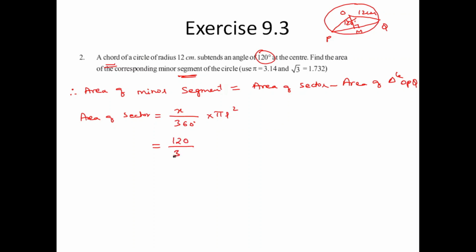Hope this is clear, right? So 120 by 360 into the pi value given over here into 12 into 12. Zero is cancelled out, the numbers cancel one time and three times, and eventually this is also cancelled out. So we are left with 3.14 into 48.